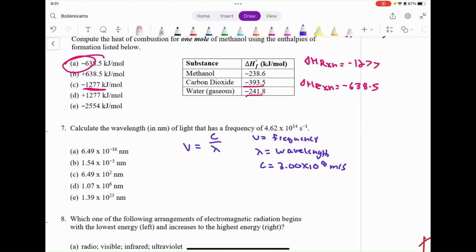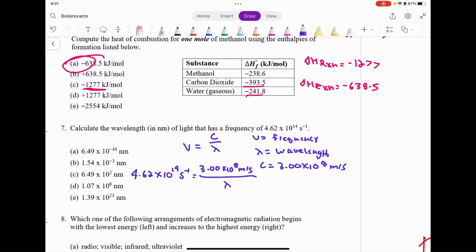And they tell us the frequency, which is already in seconds, so that's fine. Okay, I was going to convert it, but we don't have to because it's in seconds. So if we just plug this in, 4.62 times 10 to the 14th reciprocal seconds equals the speed of light over wavelength, which is what we're going to solve for.